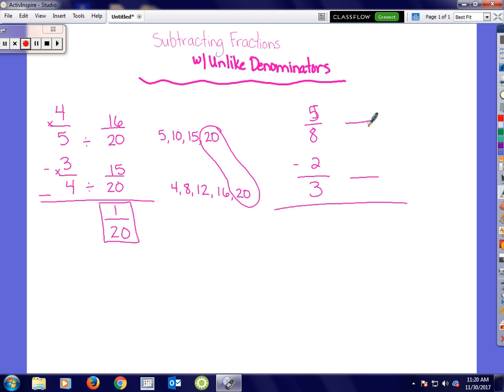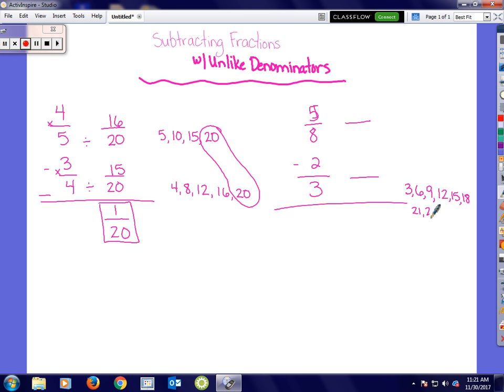Okay, so let's see what our least common multiple is. 3 times 1 is 3. 3 times 2 is 6. 3 times 3 is 9. Well, I already know that because I know my multiplication and division facts, 9 is not going to work, so I am going to keep going. 3 times 4 is 12. 3 times 5 is 15. 3 times 6 is 18. 3 times 7 is 21.